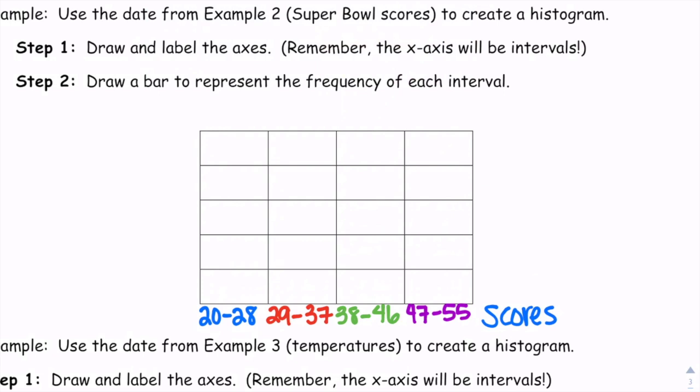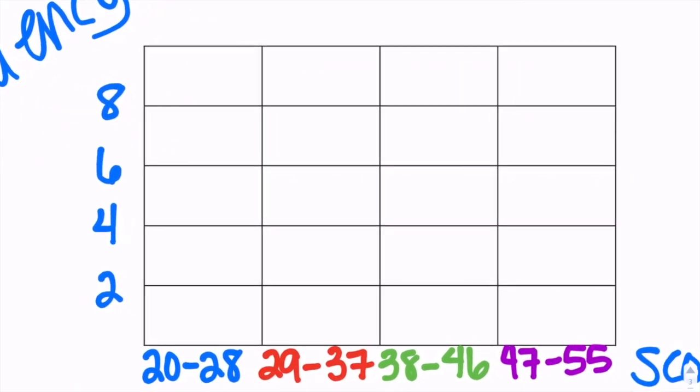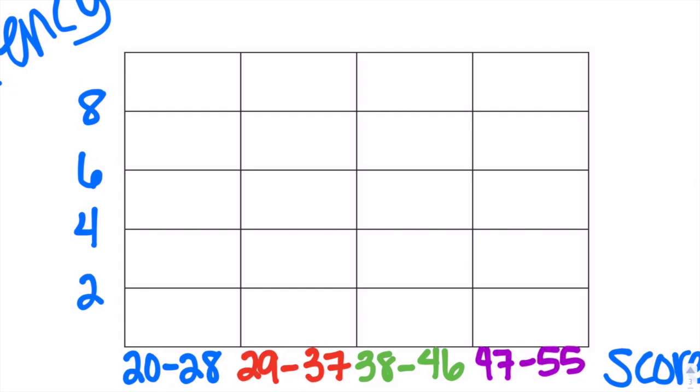And then our y-axis is our frequency. And so the highest frequency we have is 6, so we need to make sure we go up to 6. I'm just going to count by 2s because it's easy. And now we just fill in bars. So the first one from 20 to 28, we have 6.